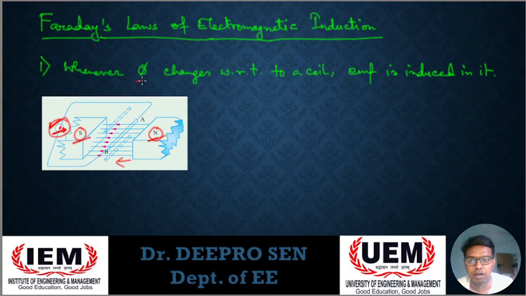So whenever phi, this flux from north pole to south pole, changes with respect to a coil, EMF is induced in it. Guys, it does not matter whether the coil is moving and the magnetic field is static, or the magnetic field is moving and the coil is static.